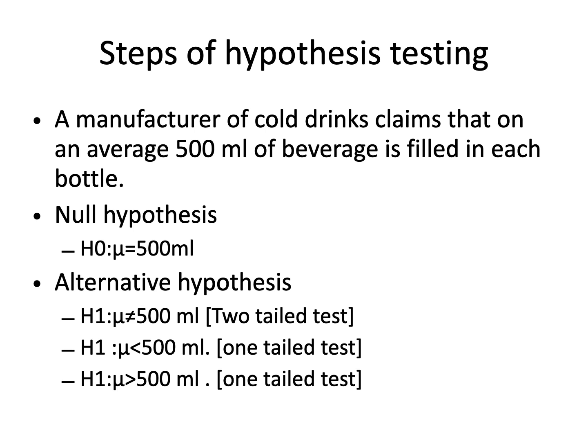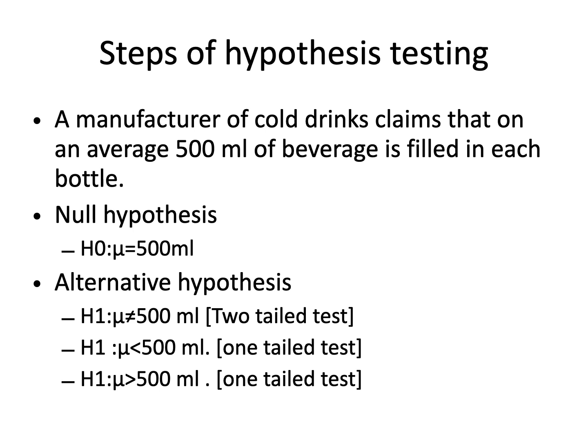Okay, let's see an example. Suppose a manufacturer of cold drinks claims that on average 500 milliliters of beverage is filled in each bottle. Here the manufacturer claims that the bottle is filled with 500 ml of beverage, and it is a claim about the parameter, and here the parameter is the average beverage that is filled in the bottle.